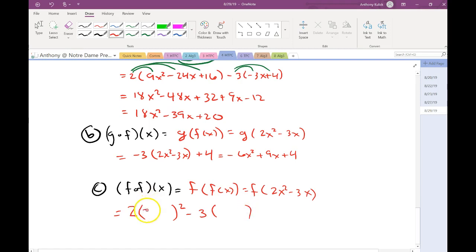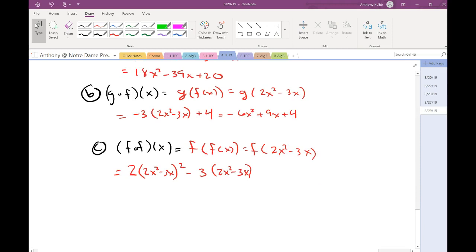And then inside of those parentheses, I'm going to put the variable expression for f of x. So I'm literally plugging one function into itself. Now I just need to simplify.